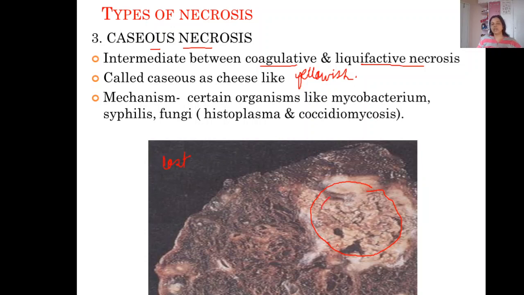You can see over here the cheese-like appearance of the lung. This caseous necrosis is seen with certain organisms like Mycobacterium tuberculosis, and in fact this is the commonest cause of caseous necrosis. It can also be seen in infection with syphilis and also in fungal infection, especially histoplasma and coccidioidomycosis.